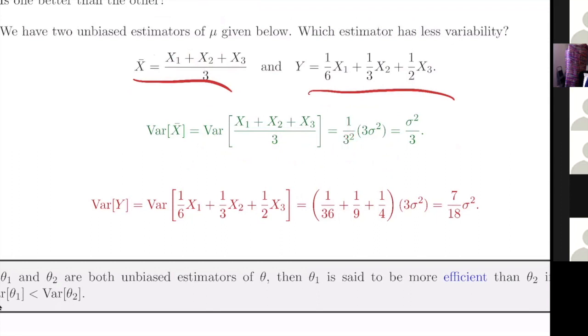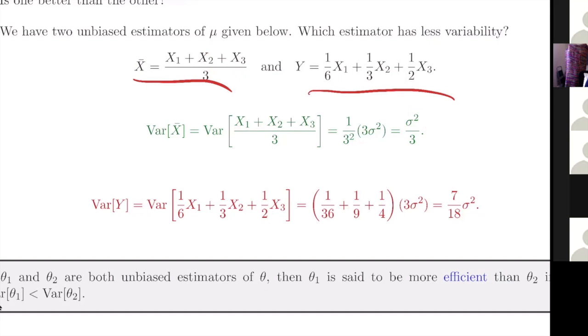So the 1/3 comes out, it gets squared, and then inside, we can break up the sums because we're assuming that these guys are independent. So for estimator number 1, which is the pretty standard sample mean, its variance is the variance of the population divided by 3.